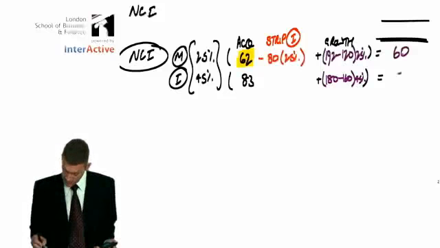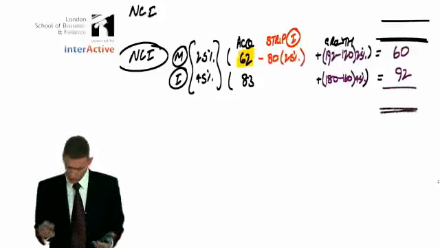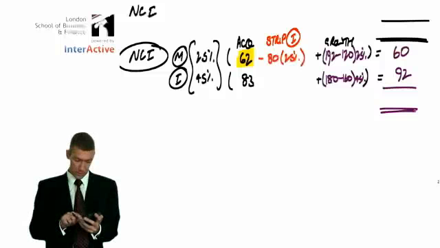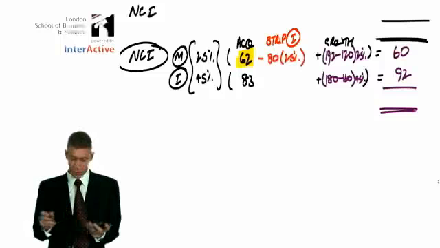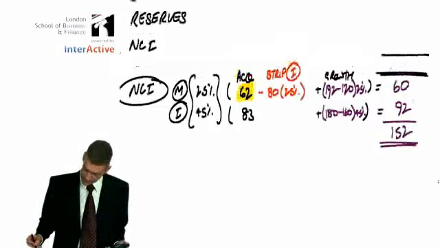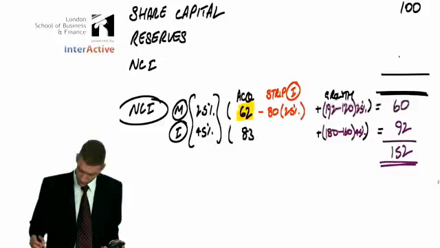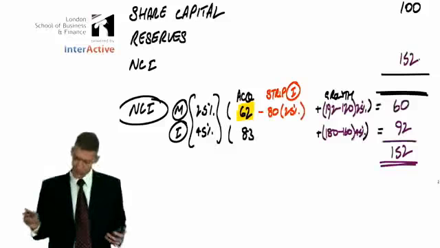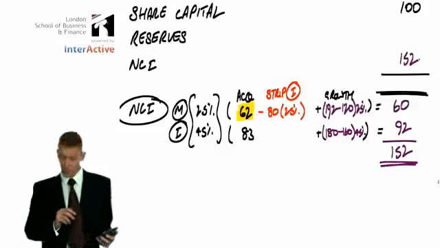So that's 92. So you've got 60 plus 92 is equal to 152. We'll slap that into position. 152, lovely.